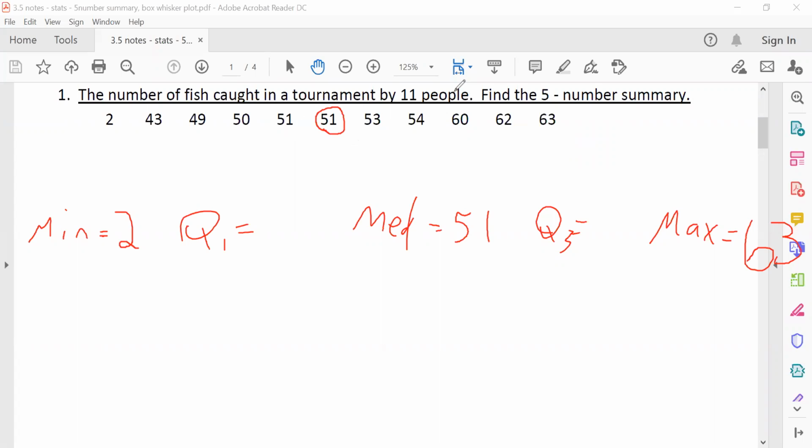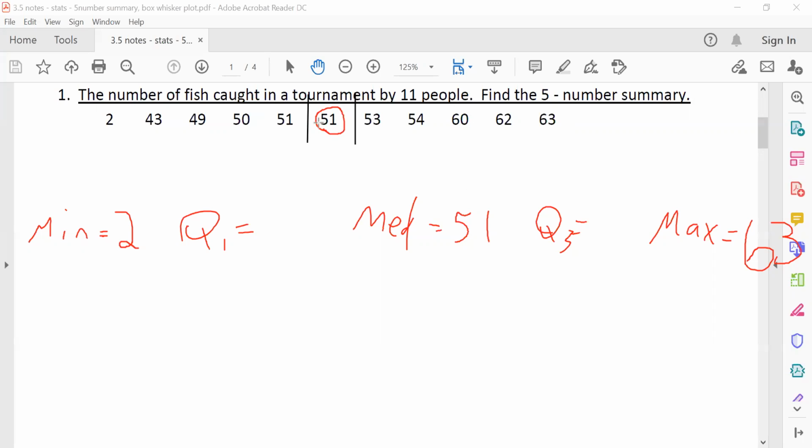Now Q1 and Q3 are pretty straightforward to find. Remember, you divide the data into halves, and if you have an odd number of data values, you ignore the median. This is the first half, and this is the second half.